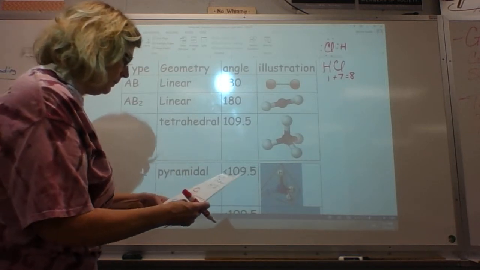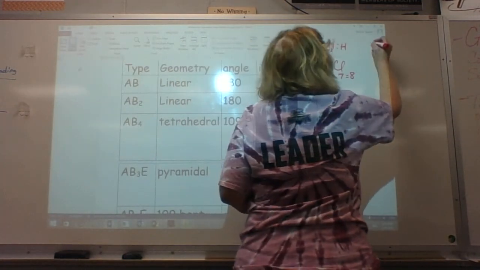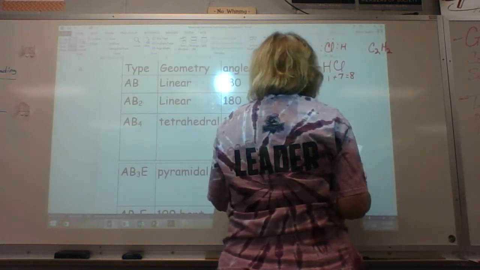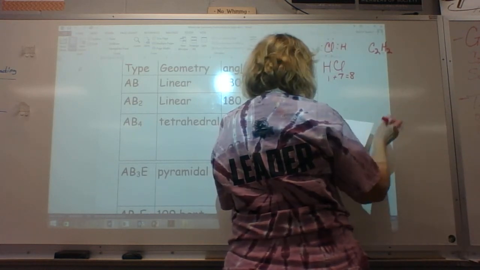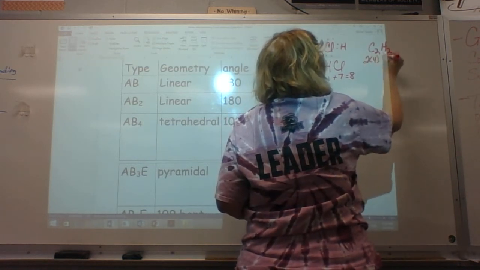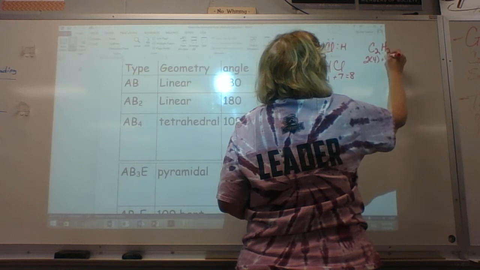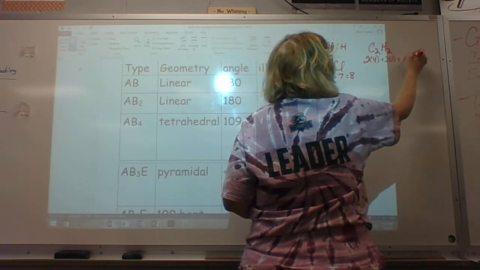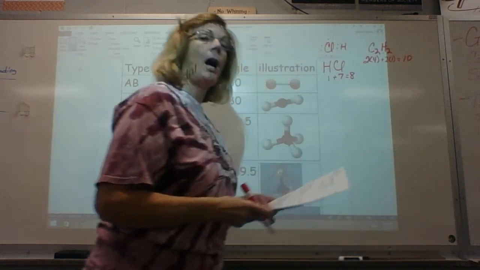Another example that might come up would be if you have more than 2 atoms, like this one, C2H2. And so you have 4 electrons for each carbon and 1 electron for each hydrogen, so 8 plus 2. I get to draw a total of 10 dots.